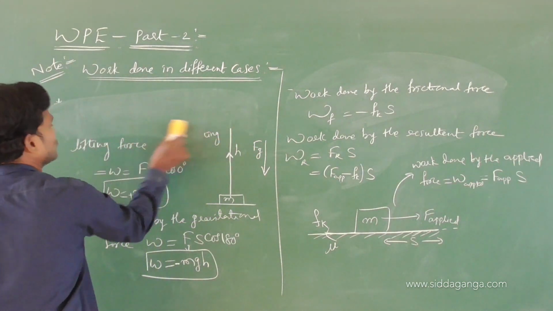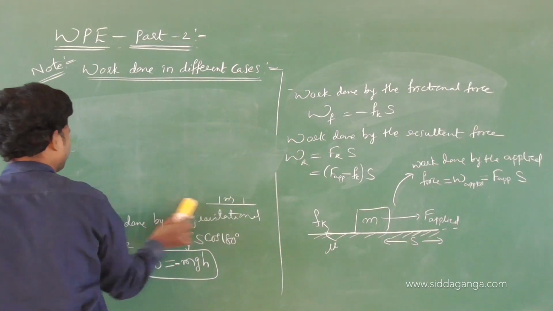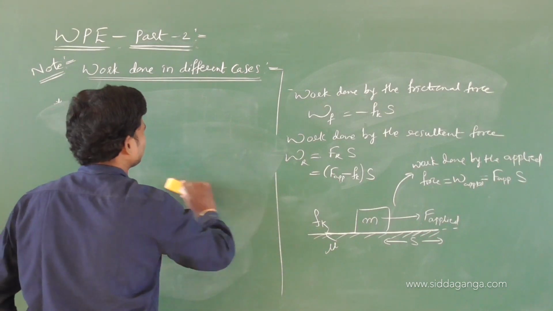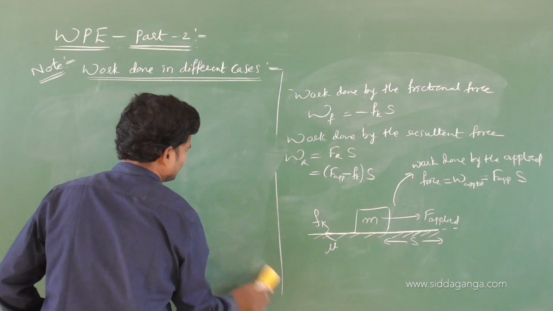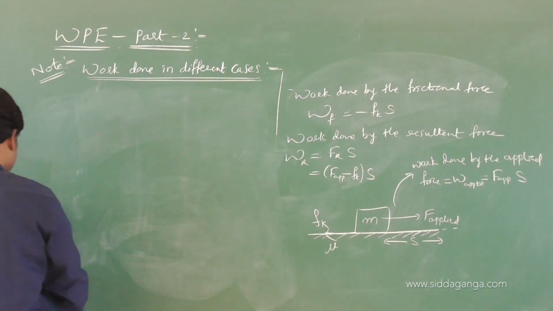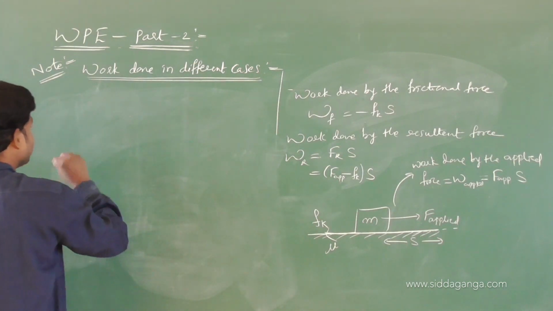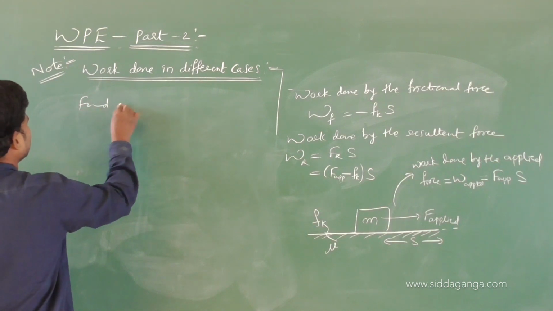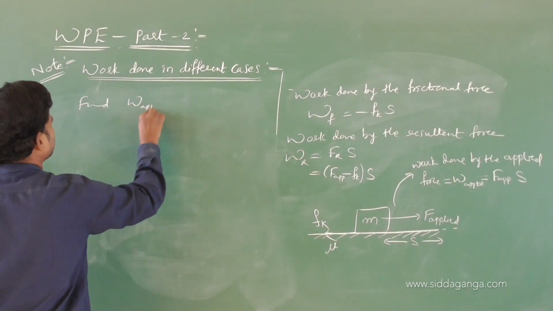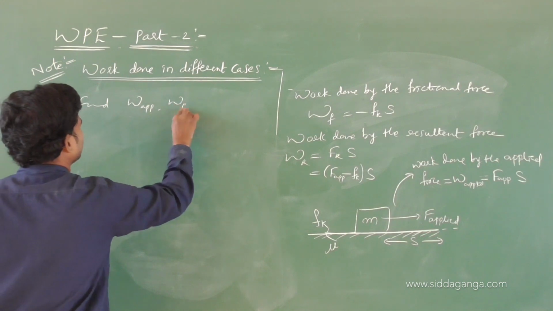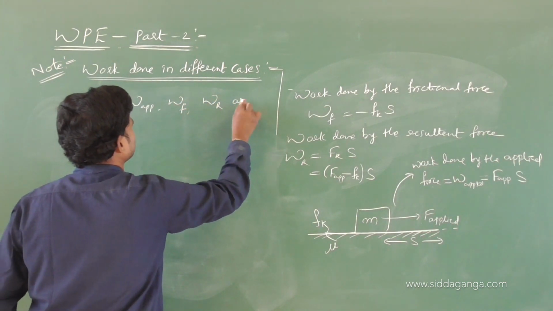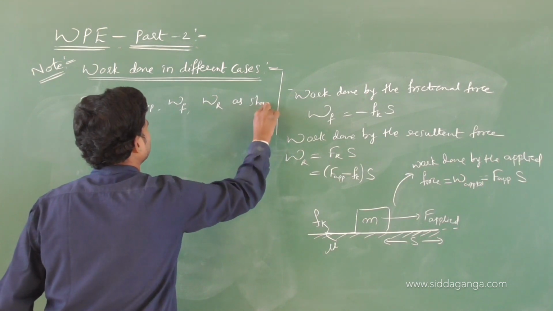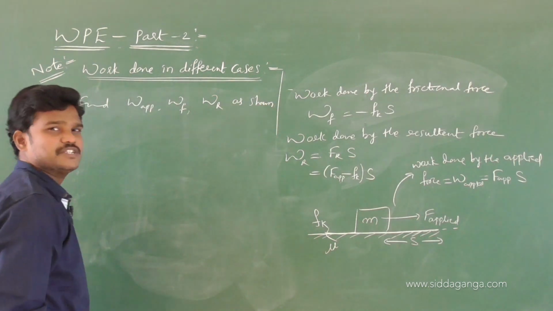I will give you one simple problem for this. Apply this knowledge for solving problems from NCERT and other books. Find work done by the applied force, work done by friction, and work done by the resultant force as shown. I am writing the problem in a shortcut way.